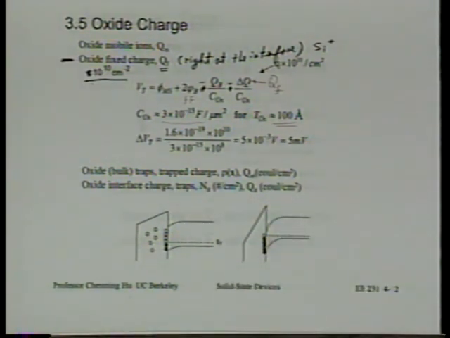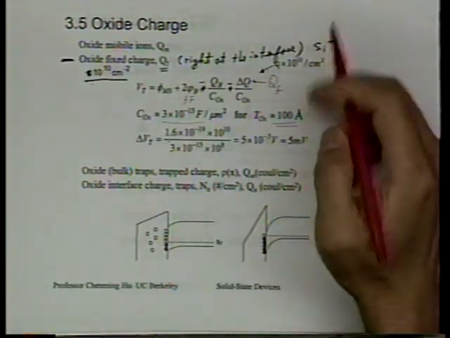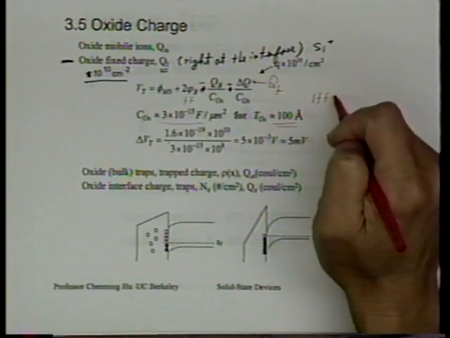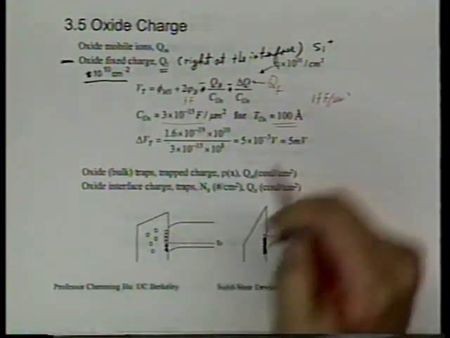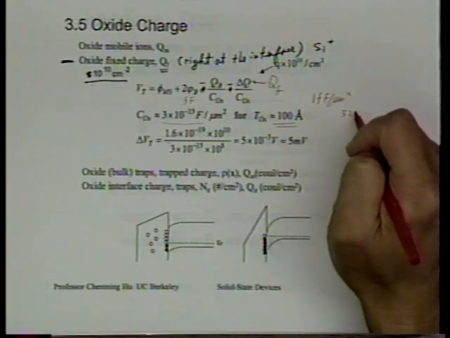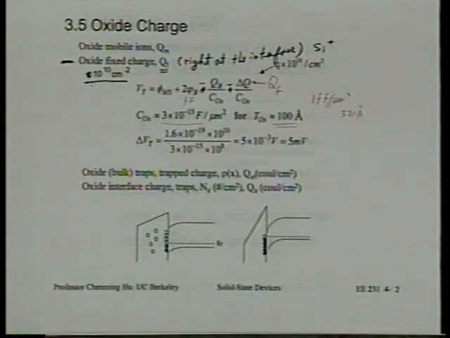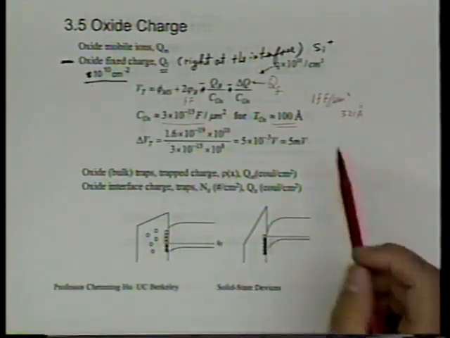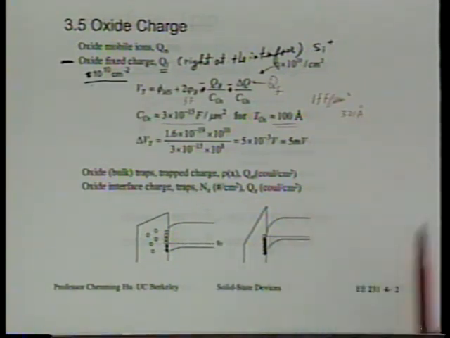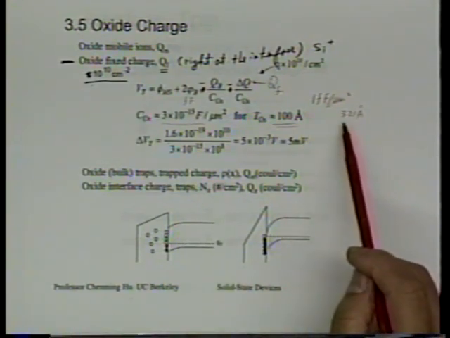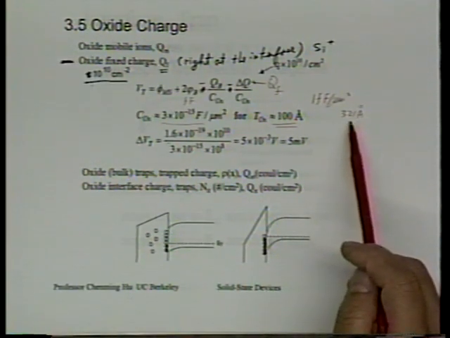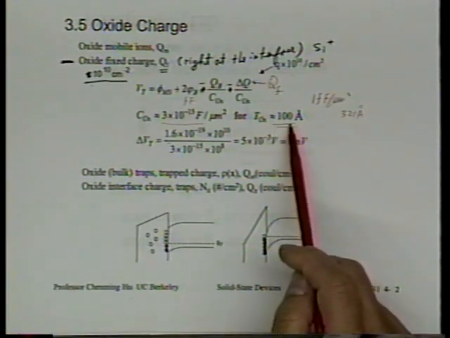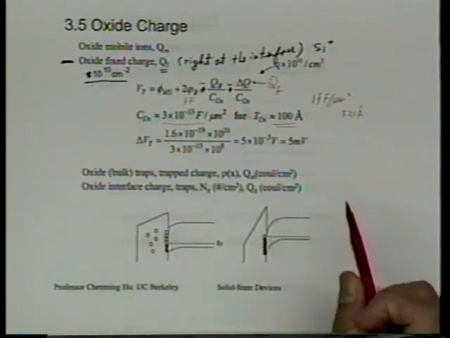A few years ago, people memorized it this way: 1 femtofarad per micron square, by the way, as oxide capacitance for 321 angstrom of thickness of oxide. It's the reverse of 123, so a lot of people remembered that. But roughly speaking, 100 angstrom gives you 3 femtofarad, all right?